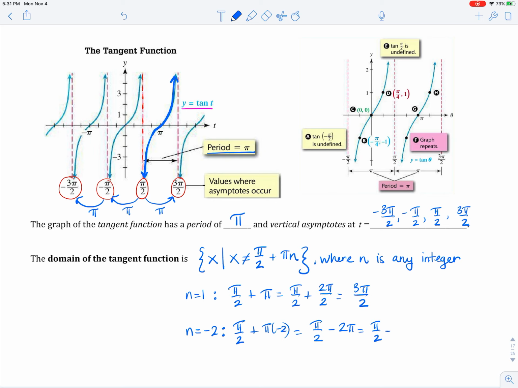So we have pi over 2 minus 4 pi over 2, which gives us negative 3 pi over 2. So that's this vertical asymptote here. So that's how we interpret a domain like this. And we'll look next time at the domains of cosecant, secant, and then cotangent. We're going to write the domains similarly.